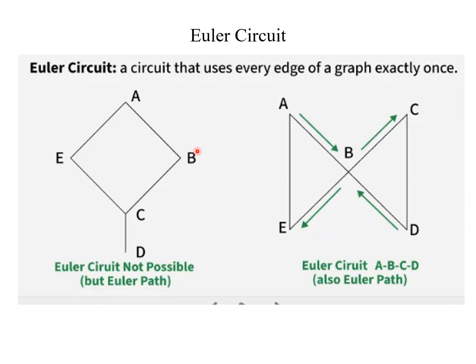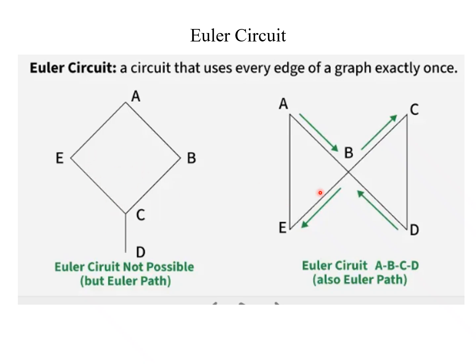So consider this example. Take the left side example. An Euler circuit is not possible here. The reason is we start with vertex A to B, B to C, and C to D, but we cannot reverse D to C. So this is not an Euler circuit.